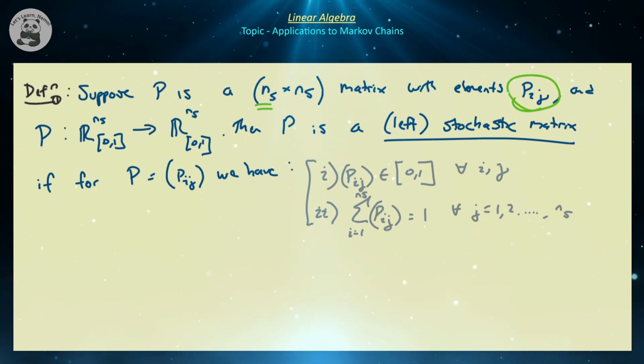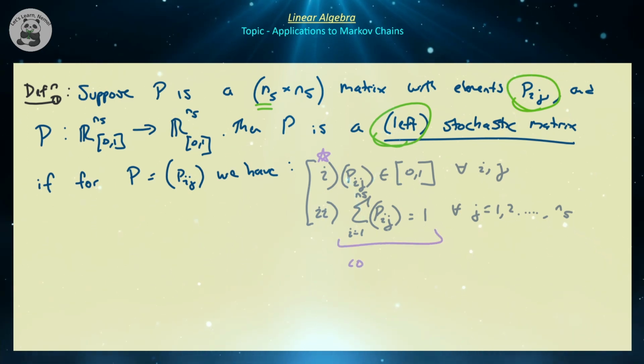So all of the elements in the vector must belong to 0, 1 for both the domain and the codomain. Then P is called a left stochastic matrix. So this is where the convention sort of comes into play, because remember that we're assuming that the values of those probabilities belong to 0, 1, and the sum of the column, because keep in mind this is the column sum, is taken to be the convention, right?